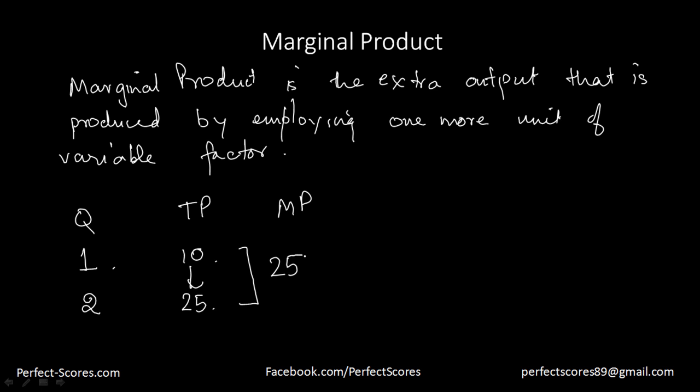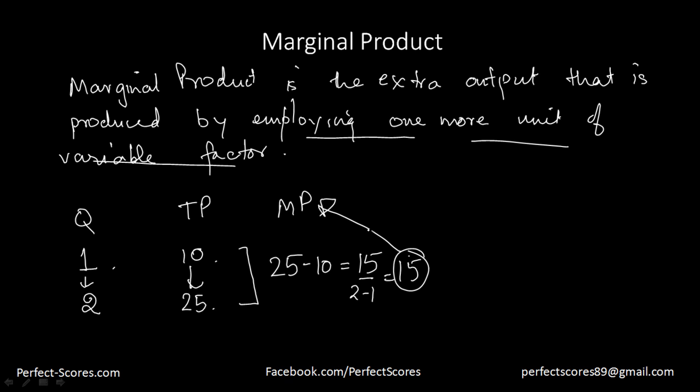So how much extra output am I producing? 15, when I employ one more unit of variable factor. So my marginal product here is actually 15. It's simply like, if I hire one more guy, what's the change in my total product?